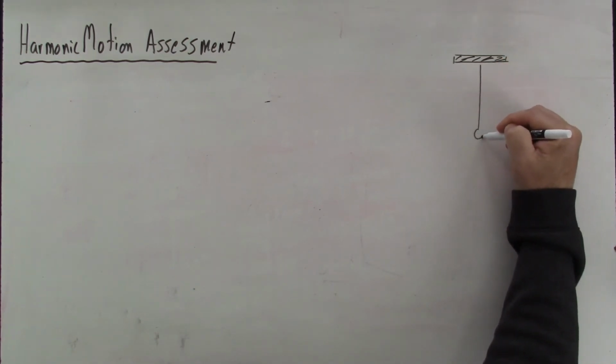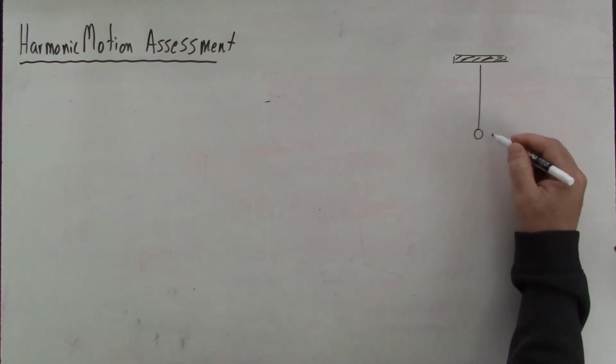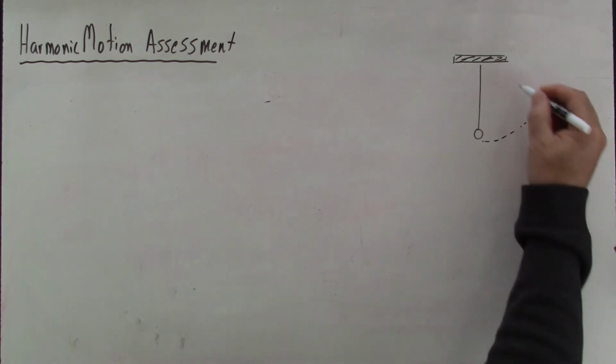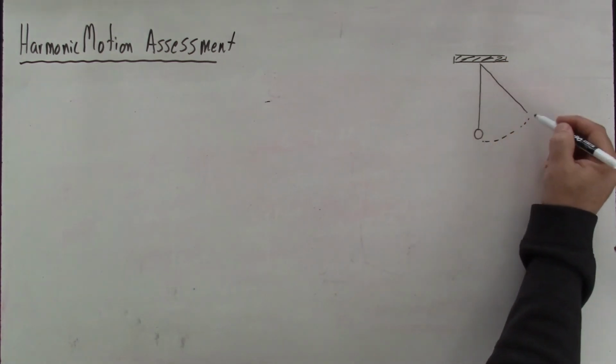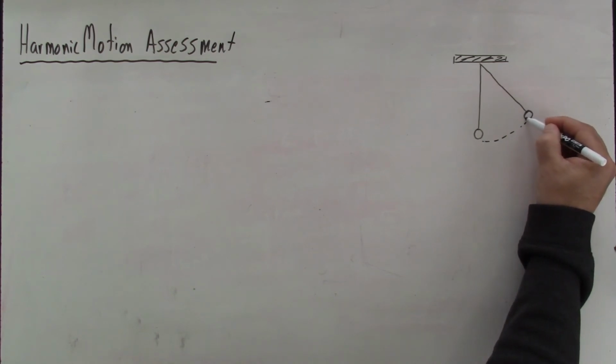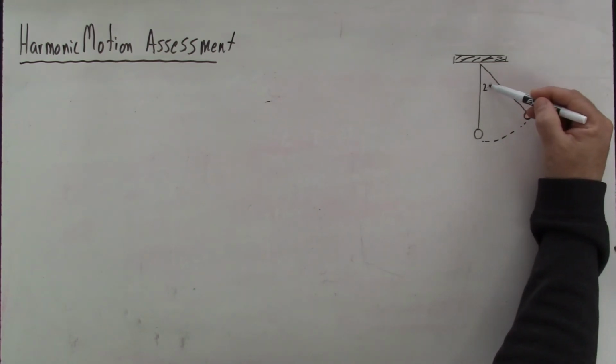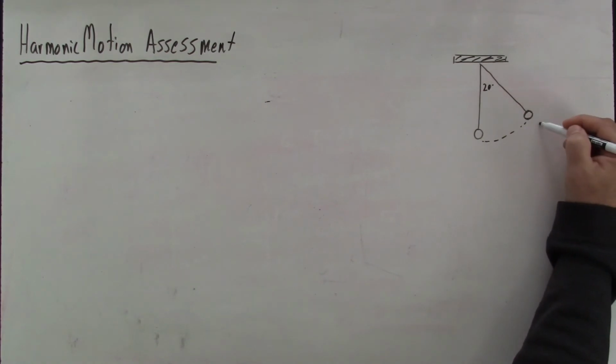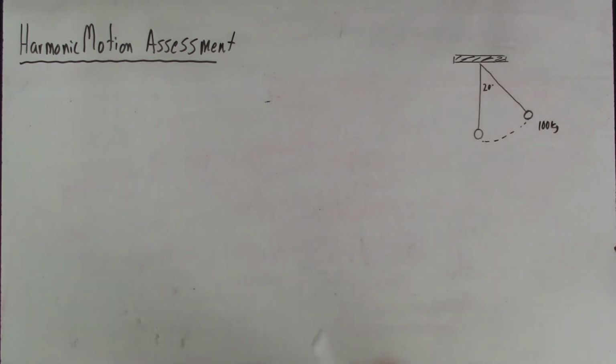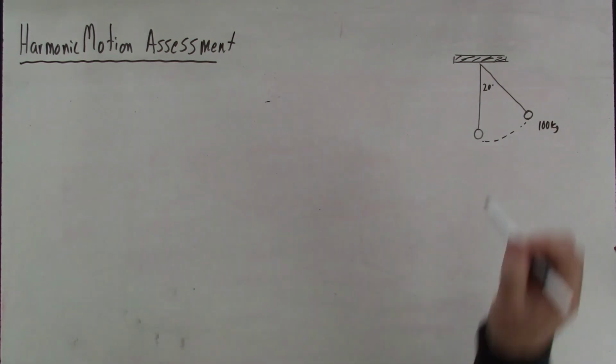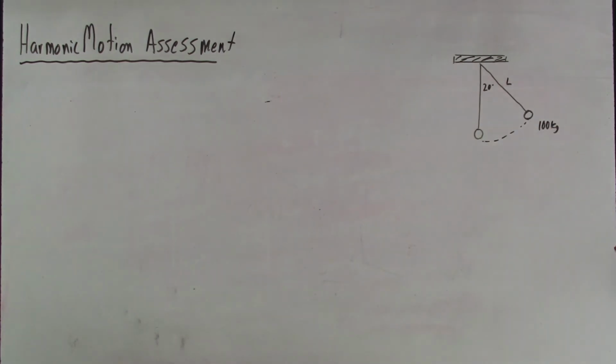And we have a sense that a pendulum can swing like this. So this pendulum swings 20-degree angle, and it's a 100-kilogram ball on the bottom. And the pendulum has some length L.